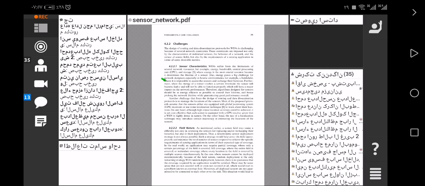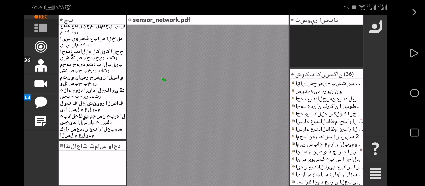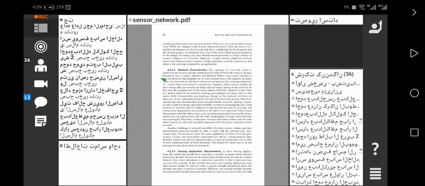Some areas are not covered well, or even not covered at all, which would lead to a problem known as coverage hole. Another point is connectivity hole.